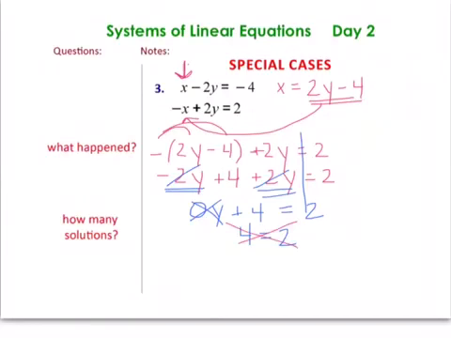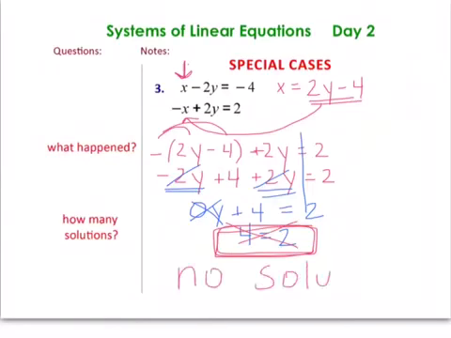Since I ended up with something that wasn't true, I ended up with 4 equals 2, which is not true, I have no solution. Meaning these lines are actually parallel and they're never going to cross.